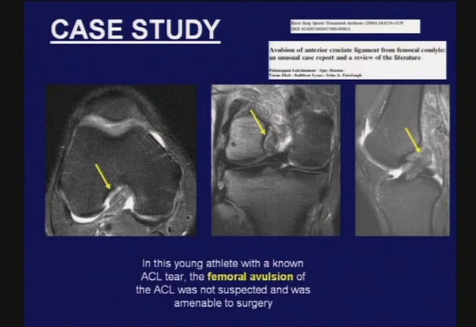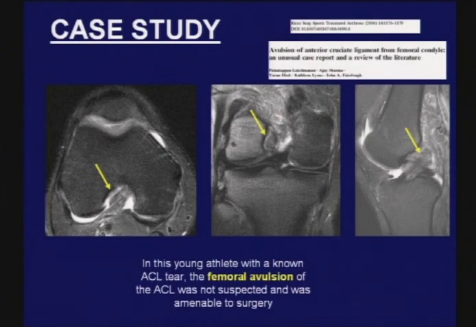Another bit that may be significant, and we recently had a nice case of this, is an actual avulsion of the anterior cruciate ligament right at the femoral attachment. This is not common, and I would caution you that even though you see a tear involving the proximal third of this ligament, you want to be careful not to say it's right at the femoral attachment unless you are sure that is what you are seeing, because that is something that could be repaired rather easily compared to a tear in the midsubstance, and it may change the way they treat that torn anterior cruciate ligament.